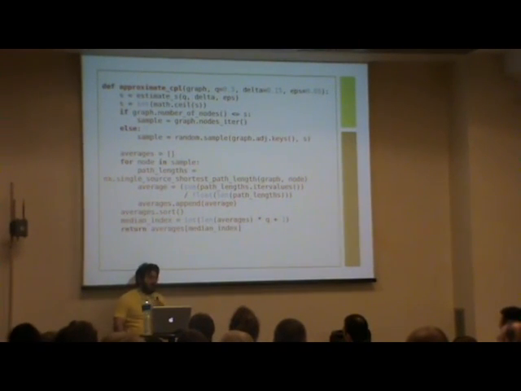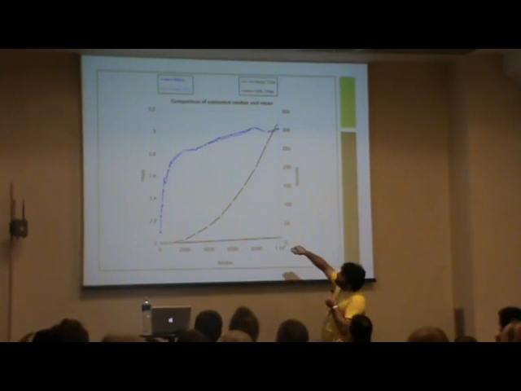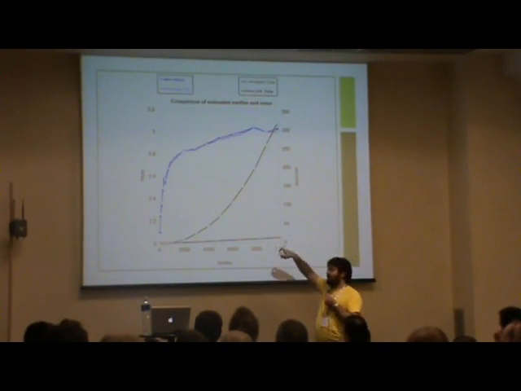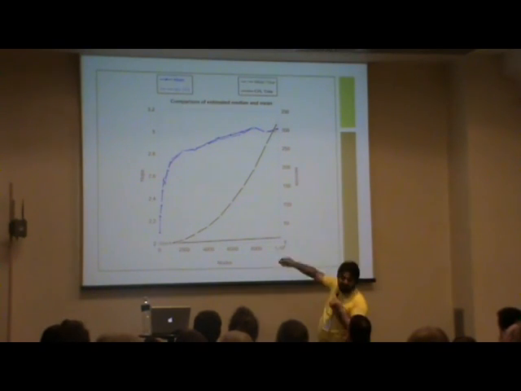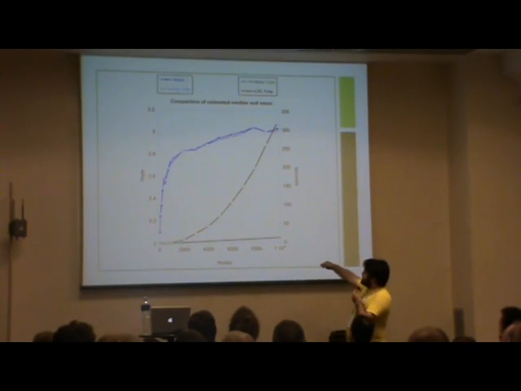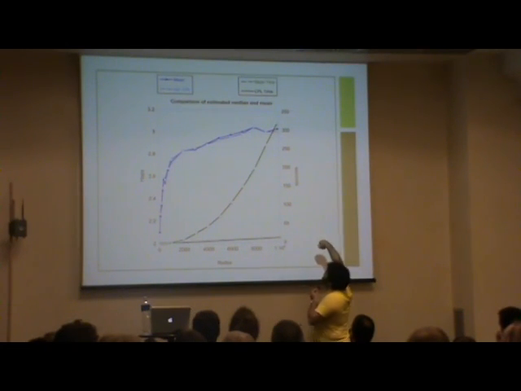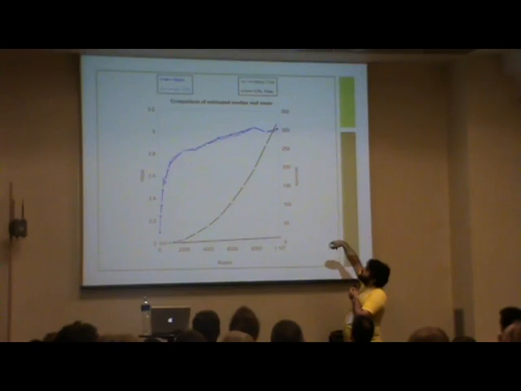What I mean with we really don't care, this is a graph. Here we have number of hops. Well, if it was integer, but anyway, that is the characteristic path length of the network of increasing size. So that is 2,000 nodes. This is 10,000 nodes. And here we have the running time of the algorithms.